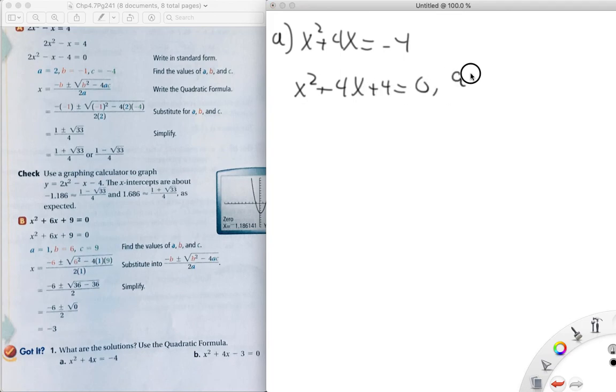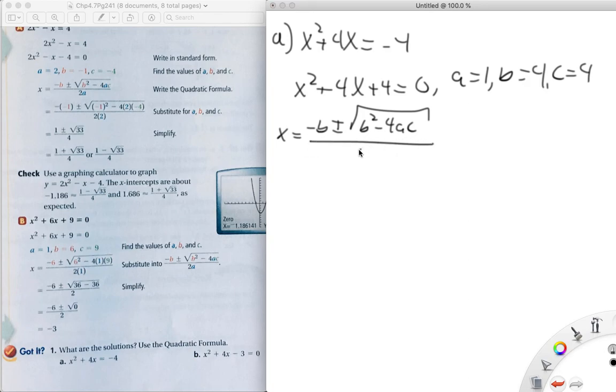In this case, my a is going to equal 1, my b is going to equal 4, and my c is going to equal 4. And I plug them into the equation. As we recall, it's going to be negative b plus or minus the square root of b squared minus 4ac, all that over 2a.